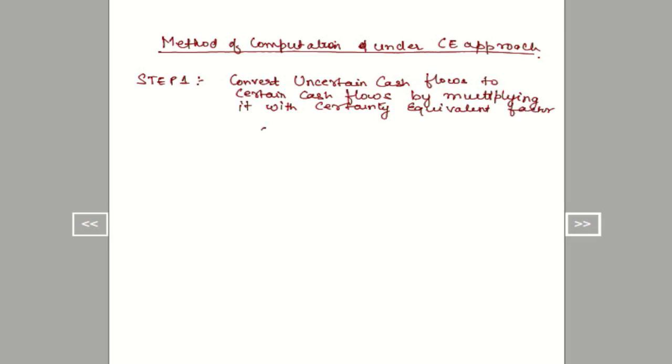So basically, certain cash flow is equal to uncertain cash flows into certainty equivalent factor.